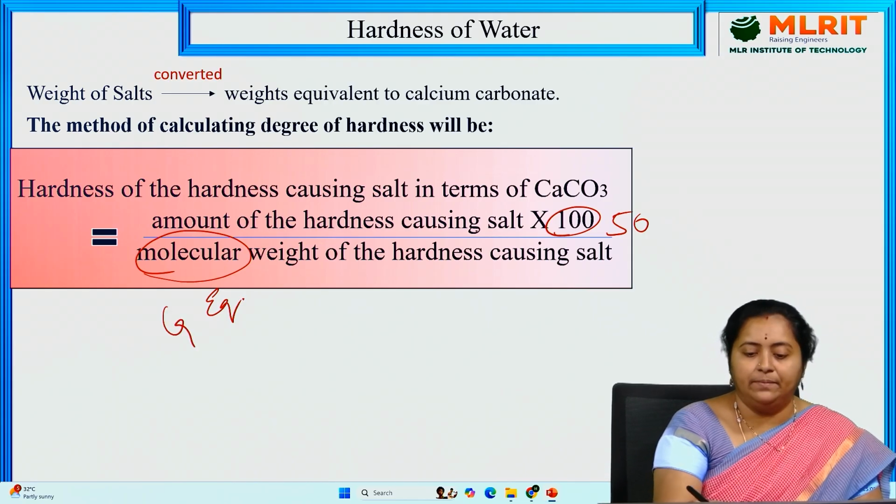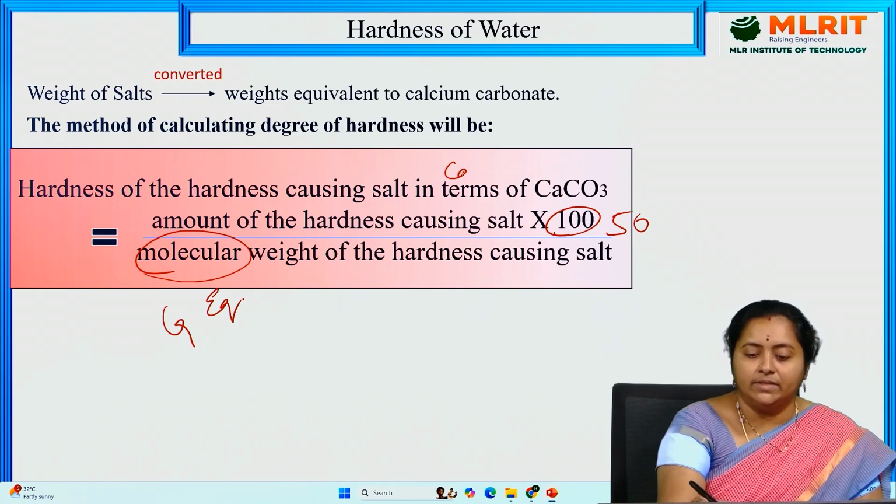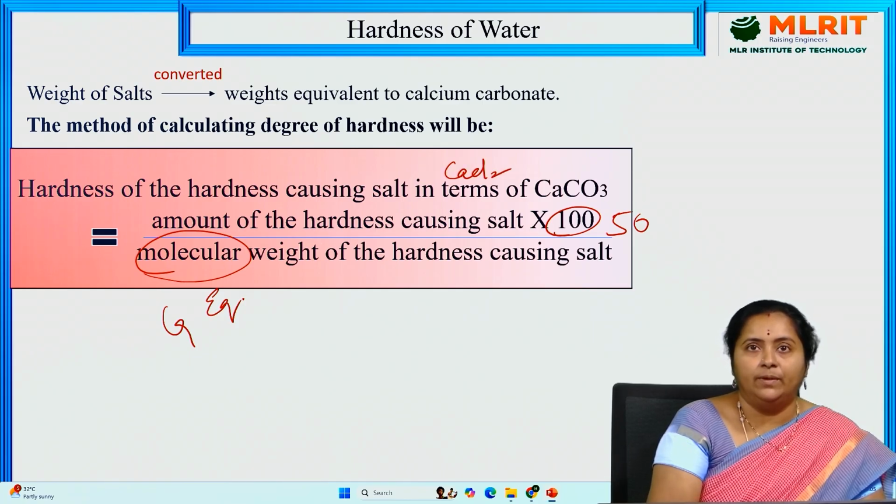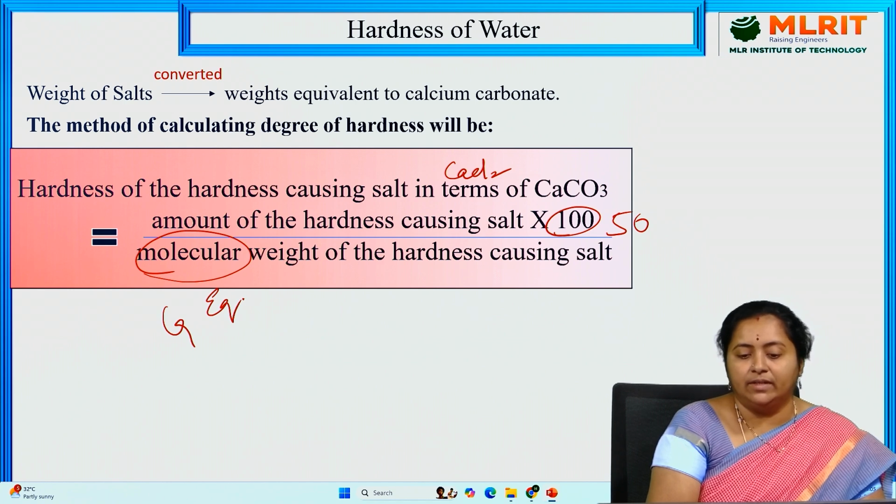Say for example, calcium chloride, the same example from the previous case I am going to consider. In the problem, data is given like that. The following water sample has 10 milligrams of calcium chloride present in dissolved state in 1 liter of water. That means the amount of hardness causing salt CaCl2 is given as 10 milligrams per liter.